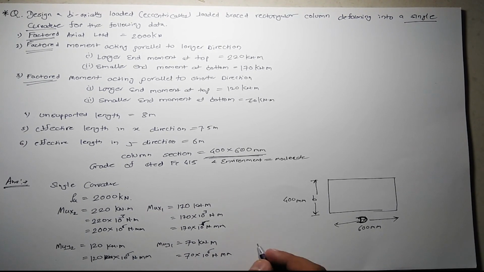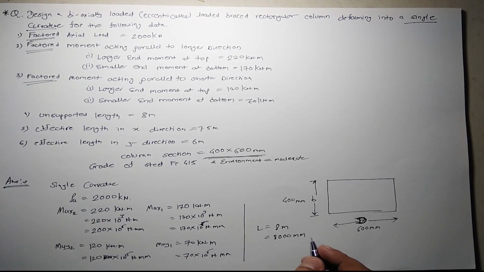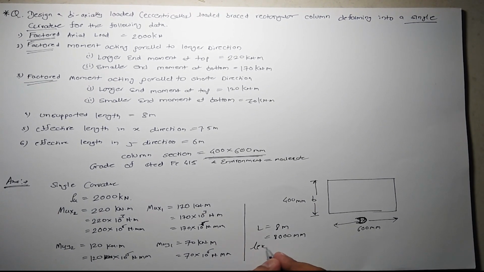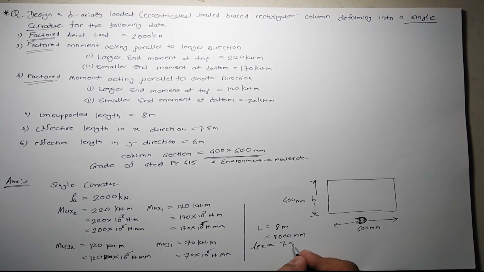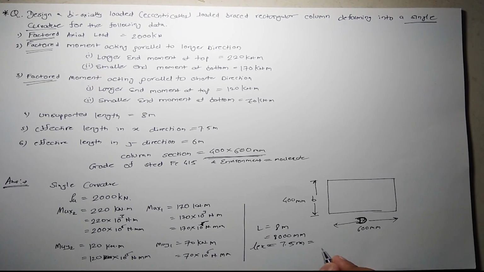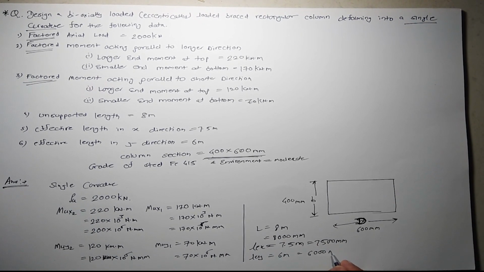Then capital L, the unsupported length, is given as 8 meters, so we will write it in mm. Then effective length in x direction is given as 7.5 meter, that is 7500 mm, and LEY is 6 meter, means 6000 mm.